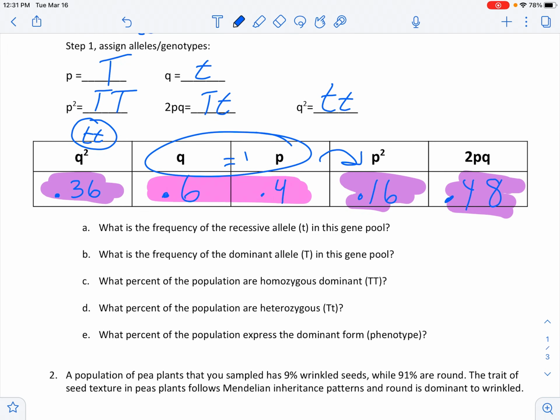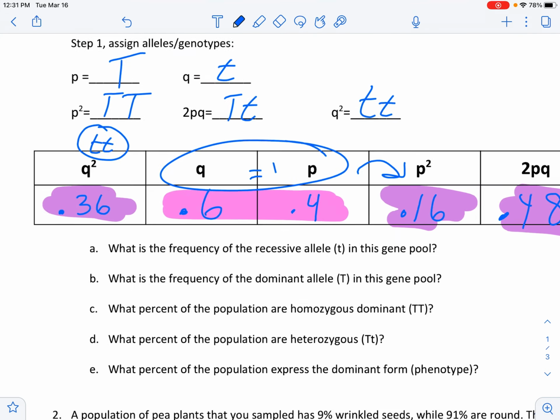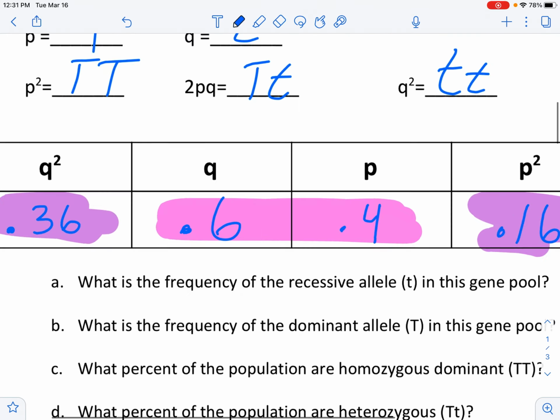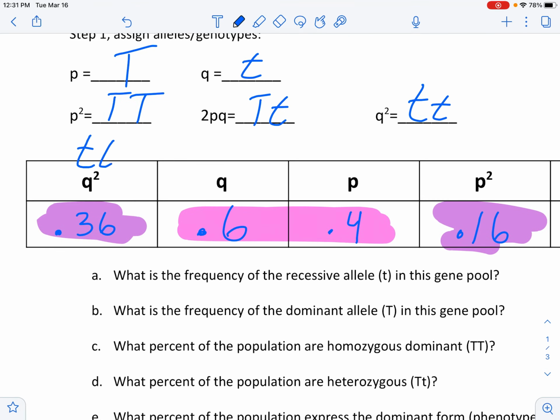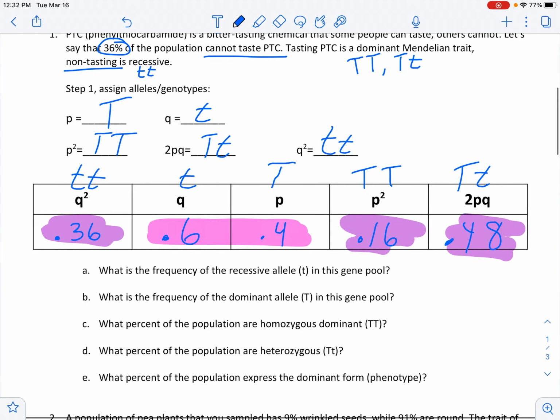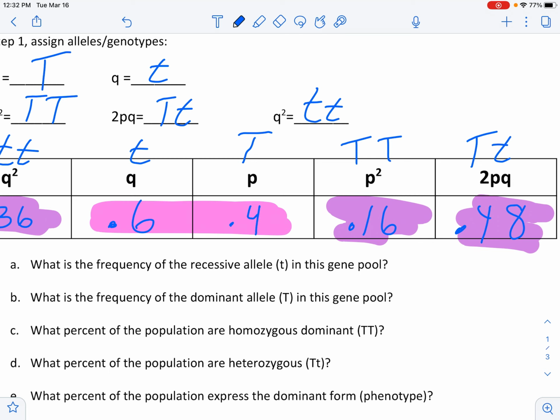Again, A: what is the frequency of the recessive allele? Let me erase all this. Remember, that's what each of these columns represents. The frequency of the recessive allele is asking for q, which is 0.6.